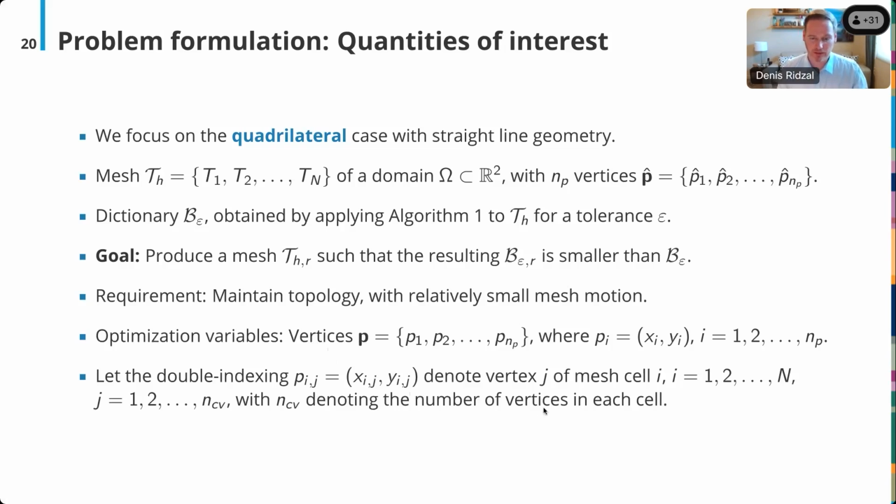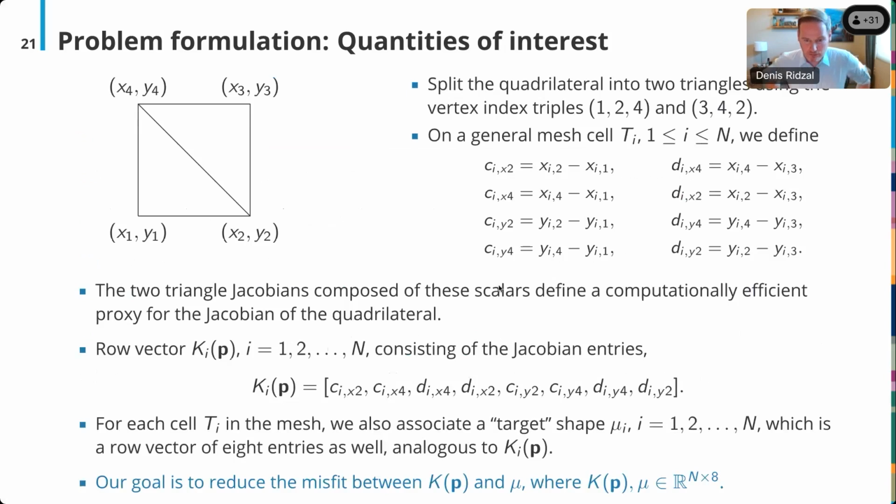All right, so now we have to develop a notion of distance here, so we have to look at some Jacobians. What we decided was easiest and most efficient in the quadrilateral case was actually to split the quadrilateral into two triangles using vertex index triples 1, 2, 4 here and 3, 4, 2. And based on this splitting, we can then define Jacobians for each of the triangles.